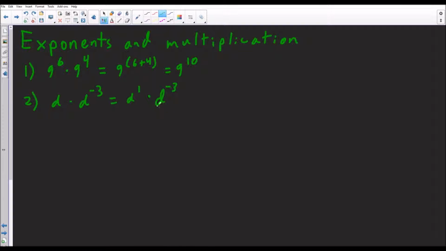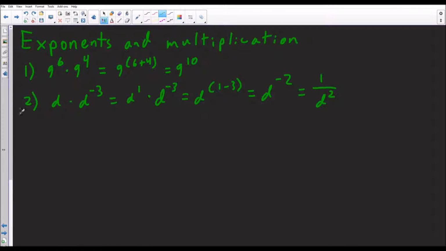So we're going to use the same kind of rule as we did before, where you can add the exponents together. So it's going to be d to the exponent 1 minus 3. So that's just equal to d to the exponent negative 2, which is just equal to 1 over d squared.